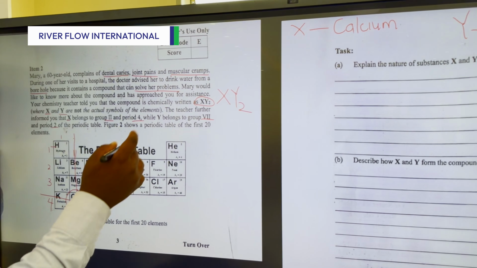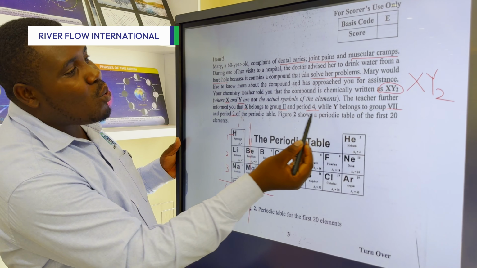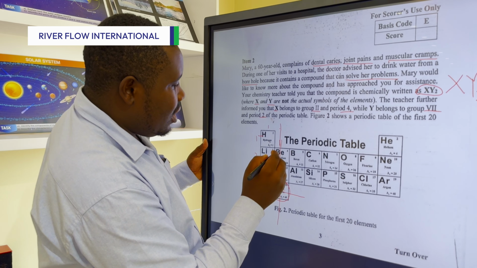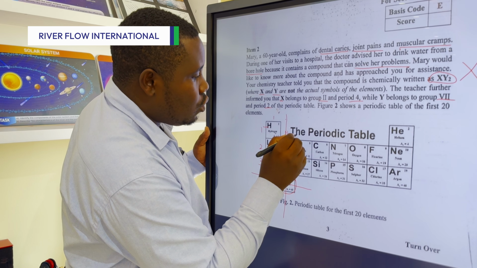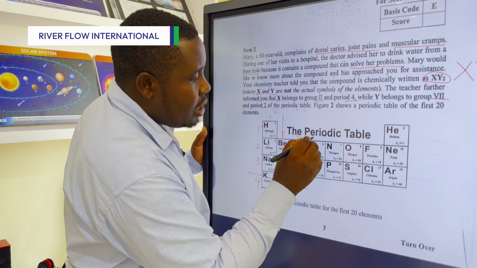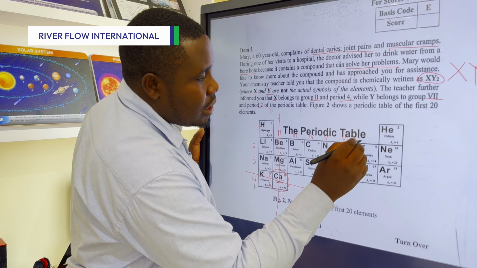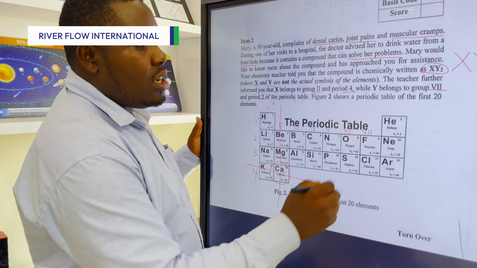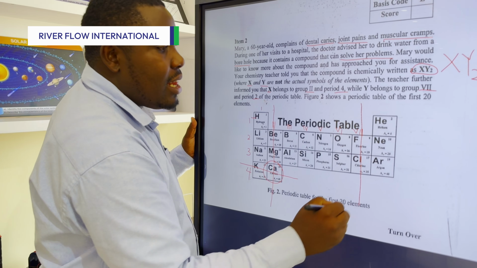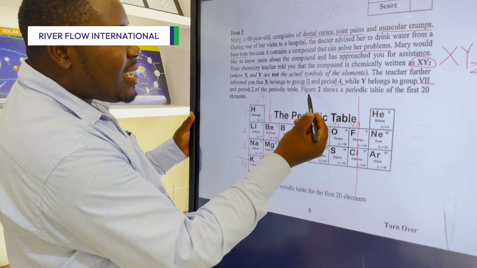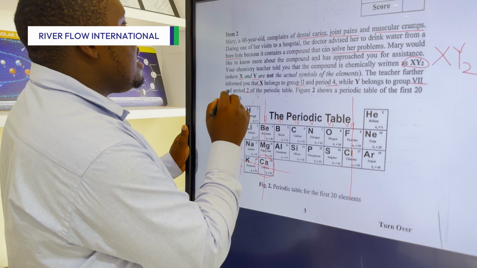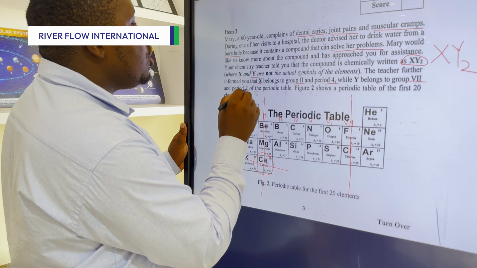Let's go to Y. They have said that Y belongs to group 7. So since it is group 1, group 2, this will be group 3, this will be group 4, group 5, group 6, and this will be group 7. So I will draw my line like this. They also said that it is located in period 2.